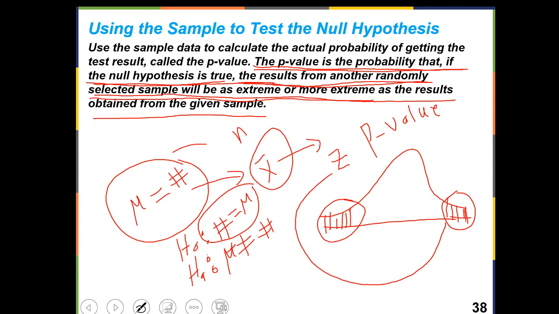So if we were to take another sample, what's the probability that the x bar that we find ends up being this far or even further from the mean? And that's the p-value, right? That's the idea.